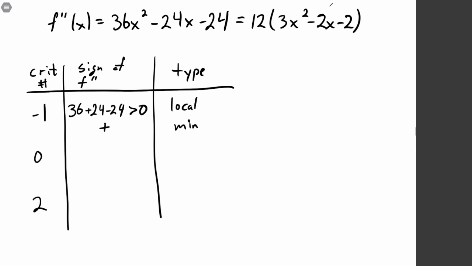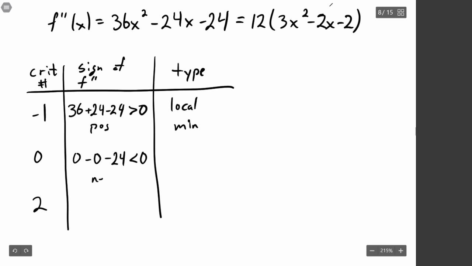If we plug in 0, we're going to get 0 minus 0 minus 24. That's negative. Maybe instead of putting plus and minus, let me put positive, negative. And this one here is then a local maximum because the second derivative is negative.